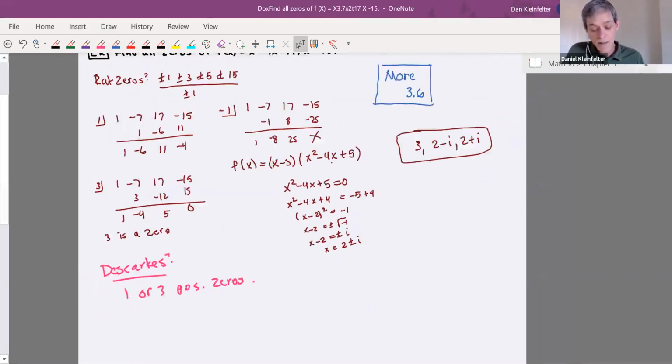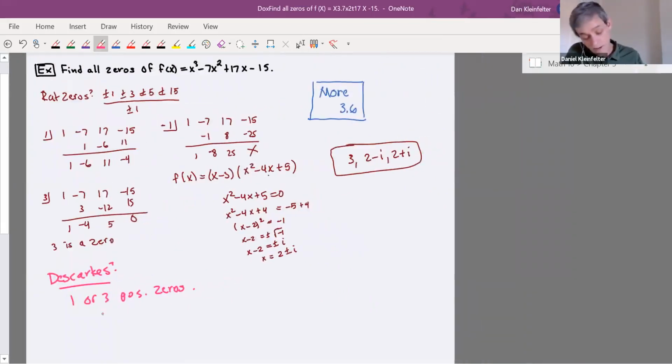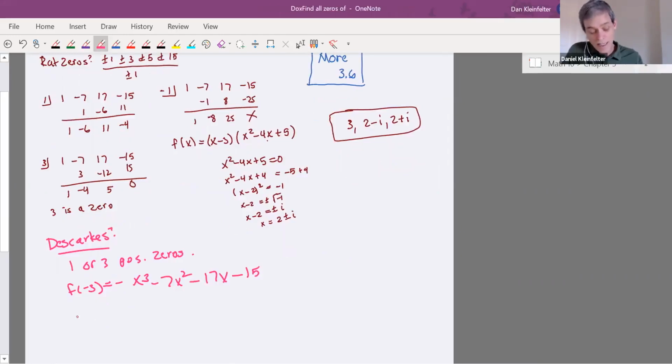And then f of -x would be negative x cubed minus 7x squared minus 17x minus 15. So that has no variations in sign, and so there will be no negative zeros.